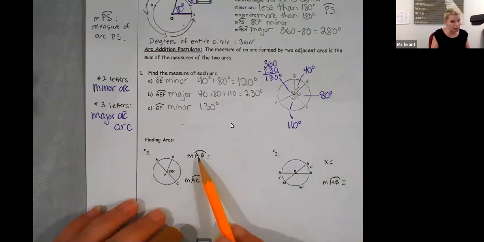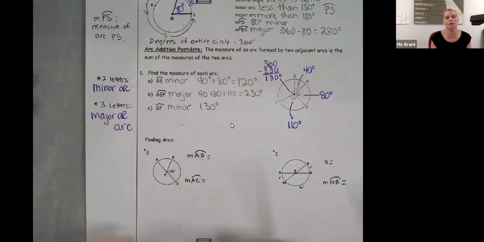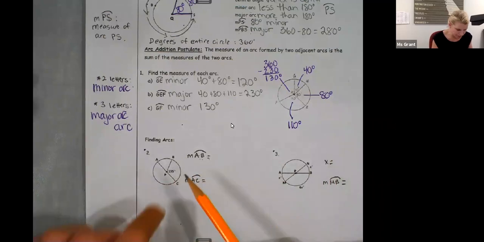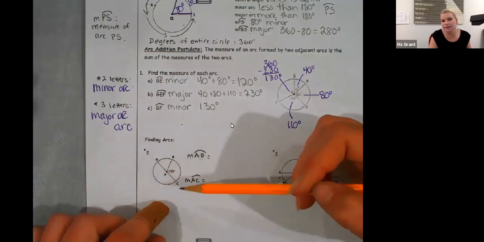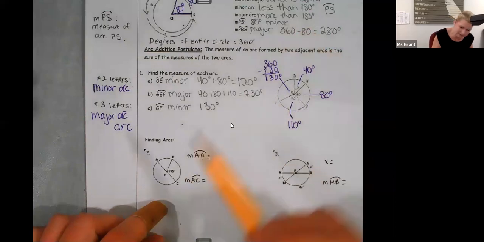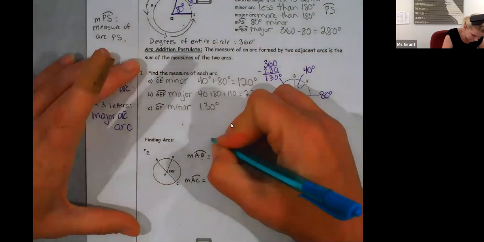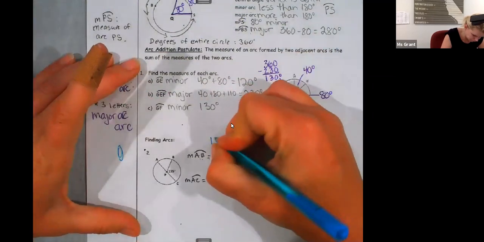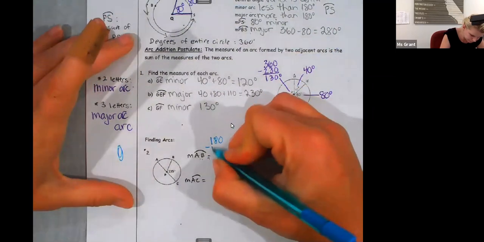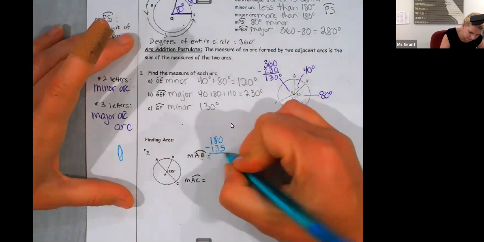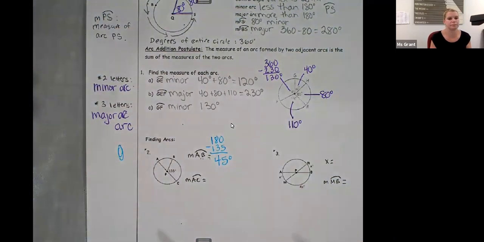Measure of arc AB. Well, I got to do a little bit of work myself because 135 is listed, but AC is the diameter. Do you see how AC is the diameter? So I'm missing something. 180 minus 135 means that the measure of arc AB is 45 degrees.